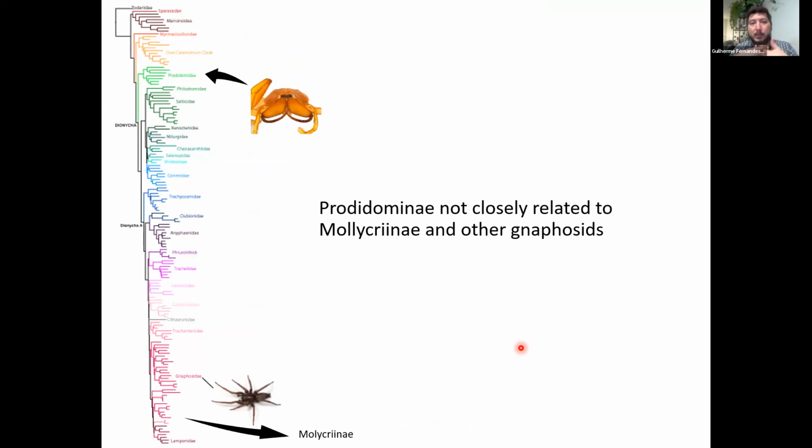We still have the same result as with only the Sanger sequence data: Predominant is really not closely related to Molecular and the other Gnaphosids in general. You can see Predominant here, and here the other Gnaphosids. Then Gnaphosid and Molecular are a branch inside Gnaphosid.